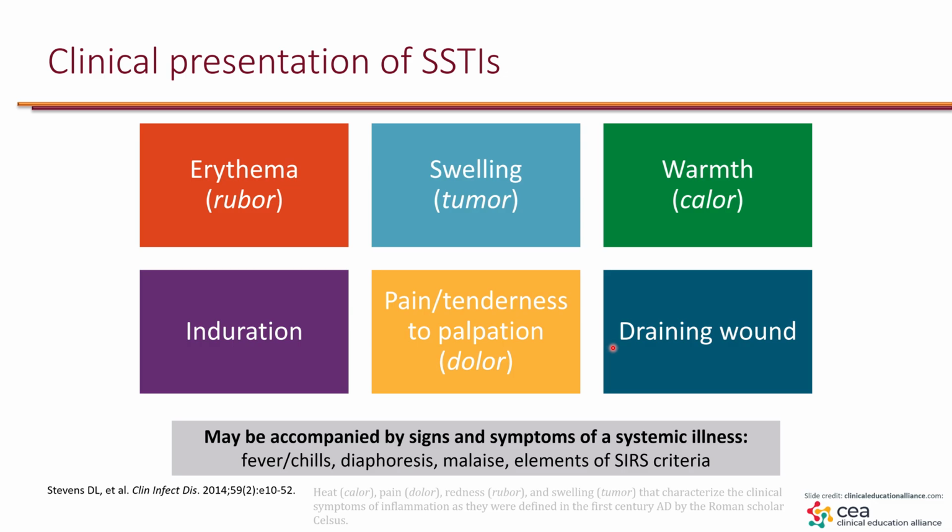And for some of them that are purulent, draining, possibly coming from the wound. They may be accompanied by signs and symptoms of a systemic illness. For example, depending on the severity, there may be fever and chills, diaphoresis, malaise, or elements of SIRS criteria. And we will use these, when we select treatment, to label some of these as mild, moderate, or severe, which I will discuss when I go over treatment.